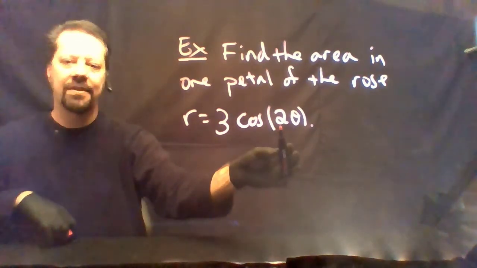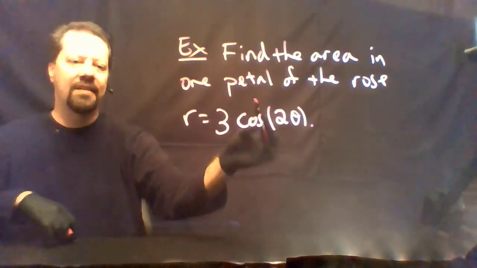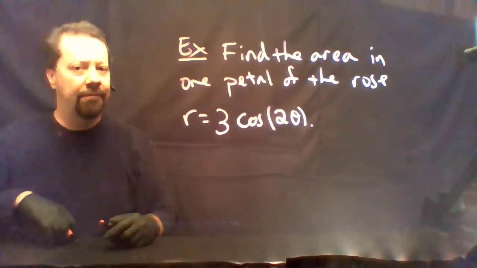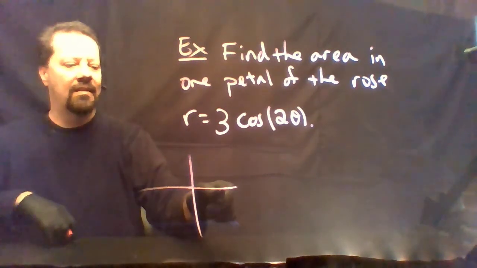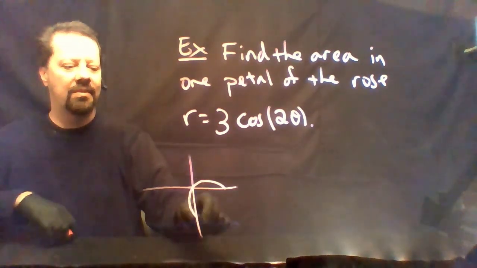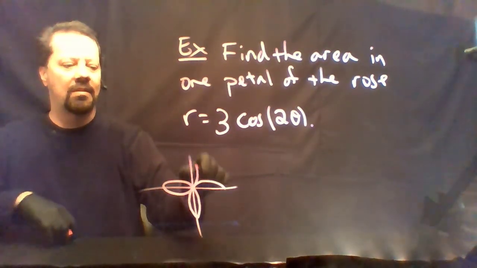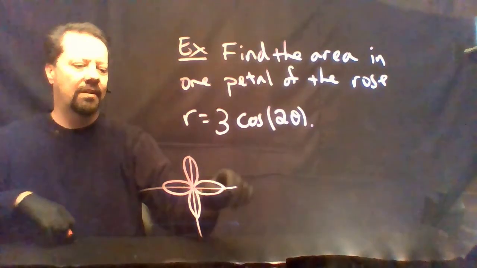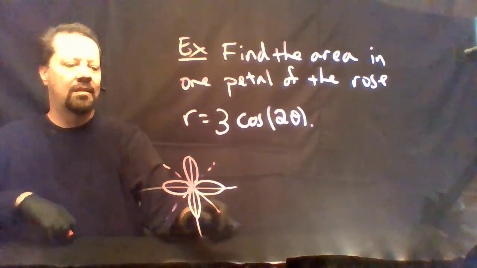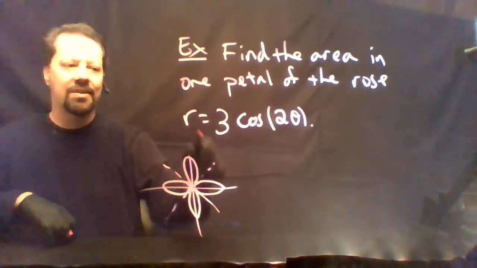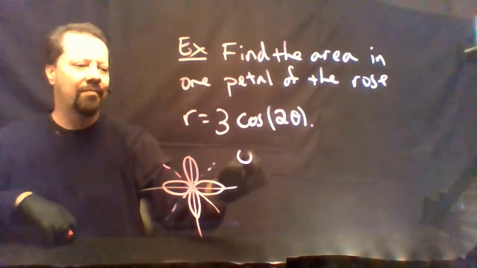Since the coefficient of theta is even, the number of petals will be 4. This rose will look like this. At what angle does it strike the origin? We'll set r equal to 0.